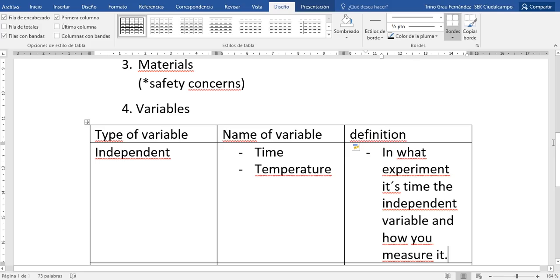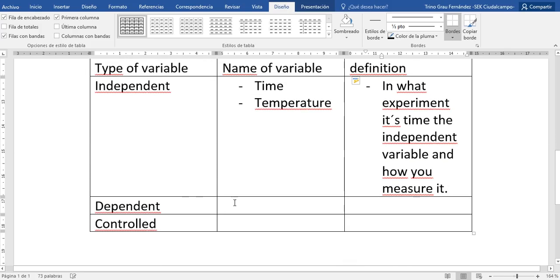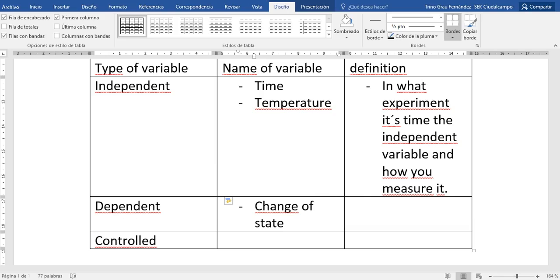And the same with temperature. The dependent variable, the one that we measure, is the change of state.